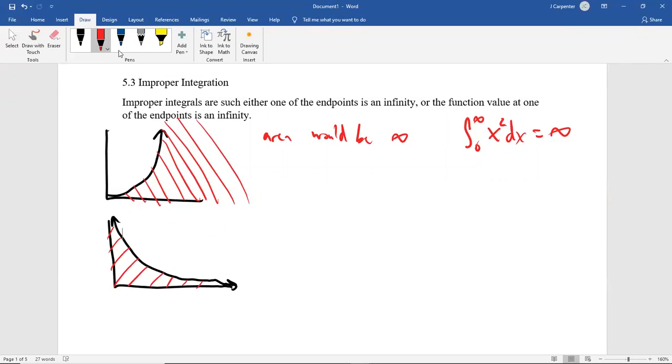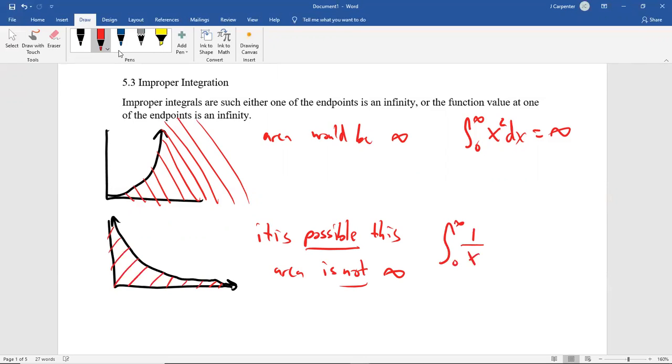But this function, as you go wider and wider, it's getting shorter and shorter in height. It is possible this area is not infinity. So the integral from, say, 0 to infinity of 1 over x to the n.